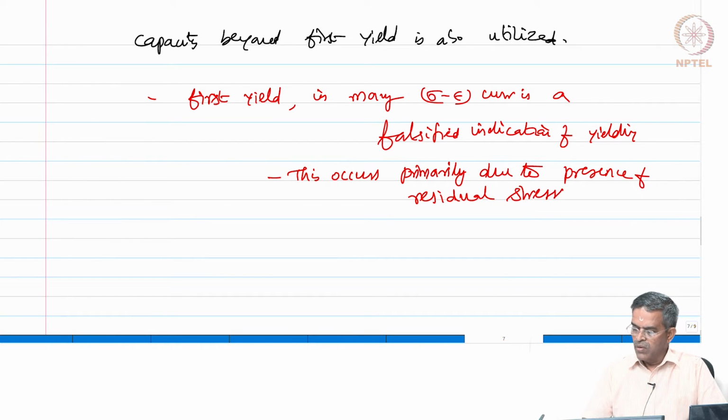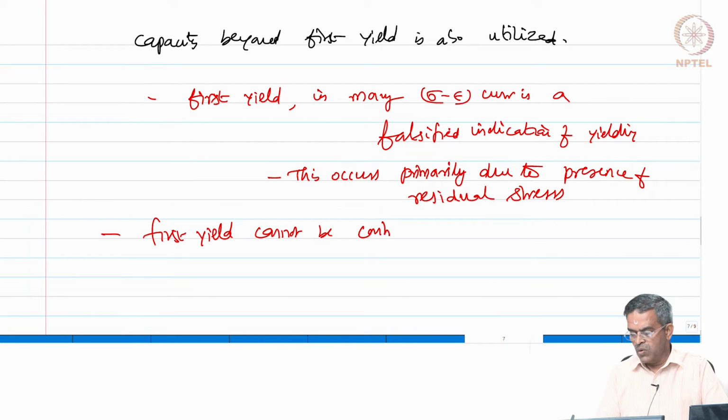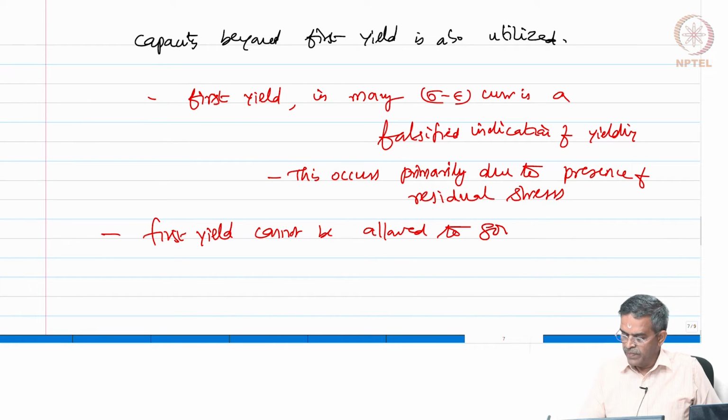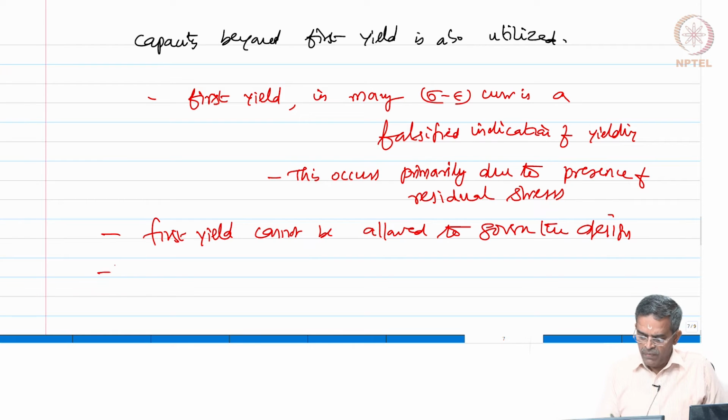So, therefore, first yield cannot be controlled or cannot be allowed to govern the design. That is the first argument we have.